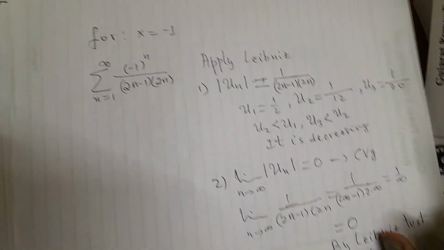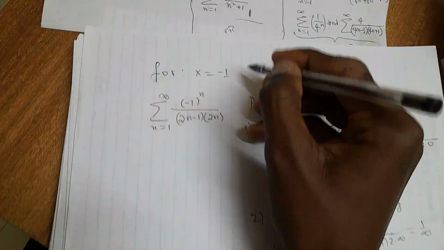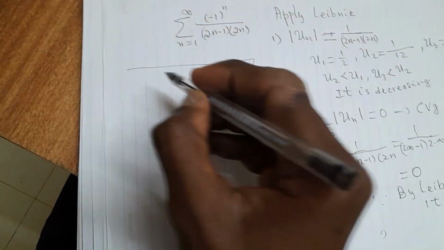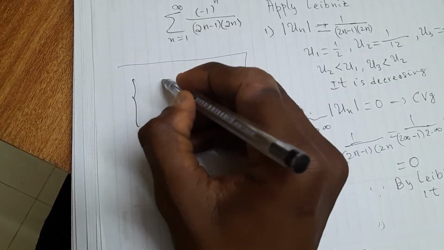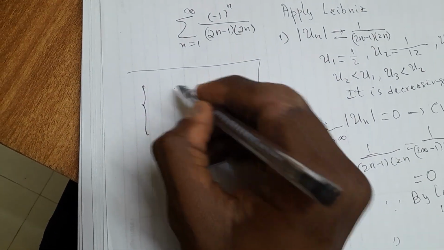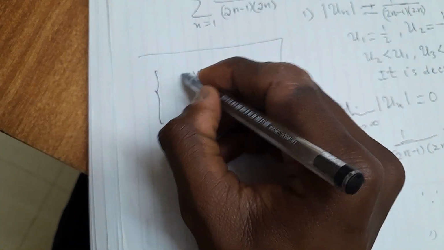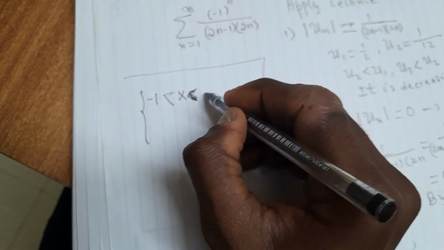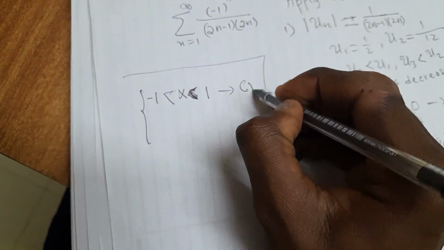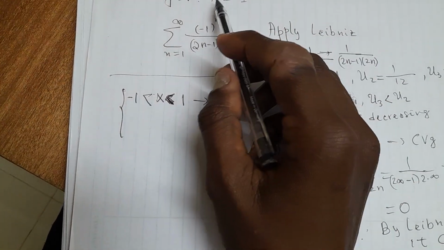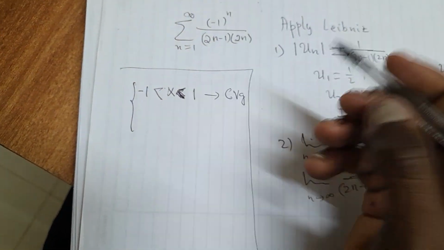If it converges, so now I can say that both, let me write here, the interval of convergence is something like this. When x is 1 and minus 1, they also converge.